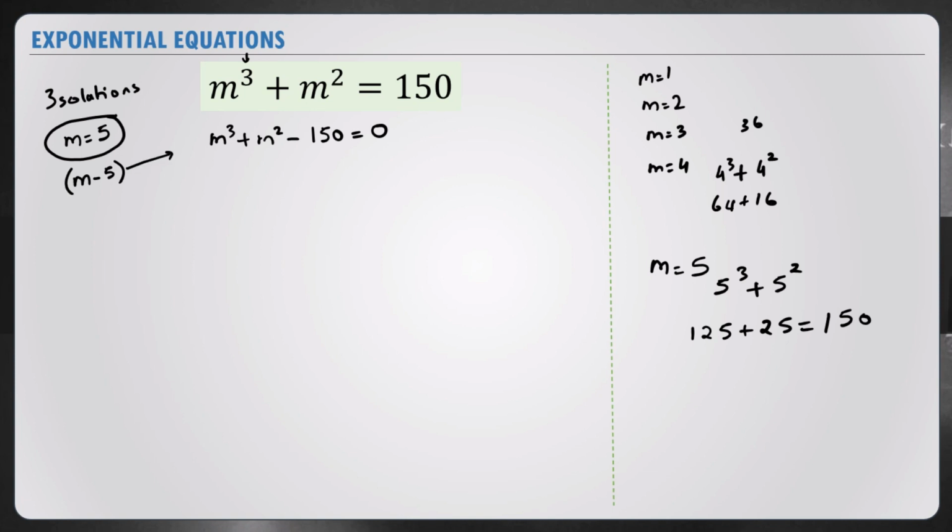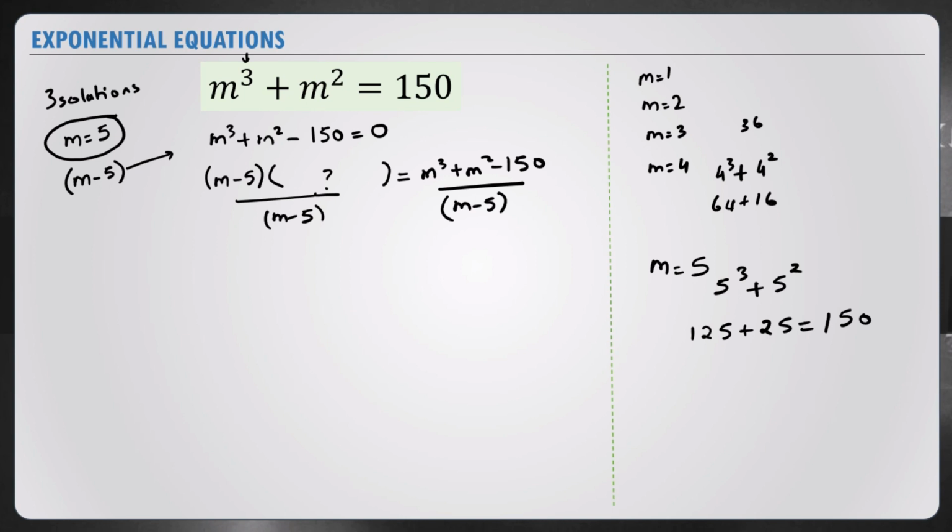That means we had m minus 5 times an equation that gave me m cubed plus m squared minus 150. What is this equation? We can divide by m minus 5 and we will find this equation.